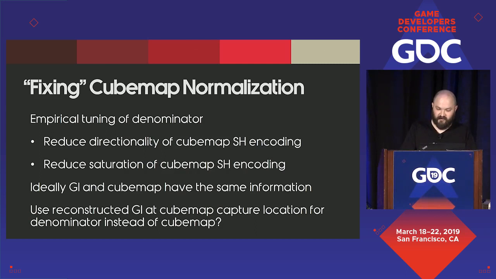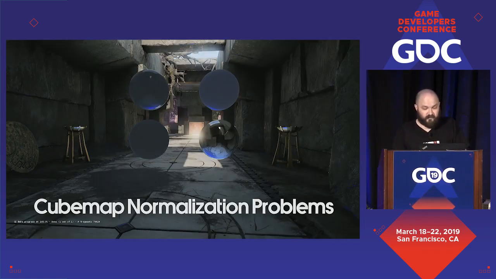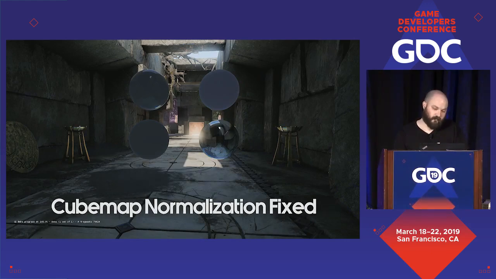It's possible that actually using the GI sample from the location of the cube map capture may produce better results than the SH from the cube map, but I think we're doing okay. So there's an example of the type of discoloration artifacts you get, and then with the sort of reduced directionality, which is just scaling down that upper band.